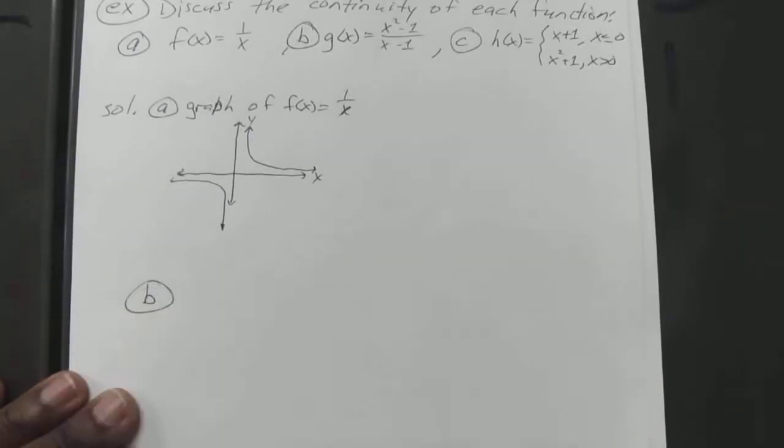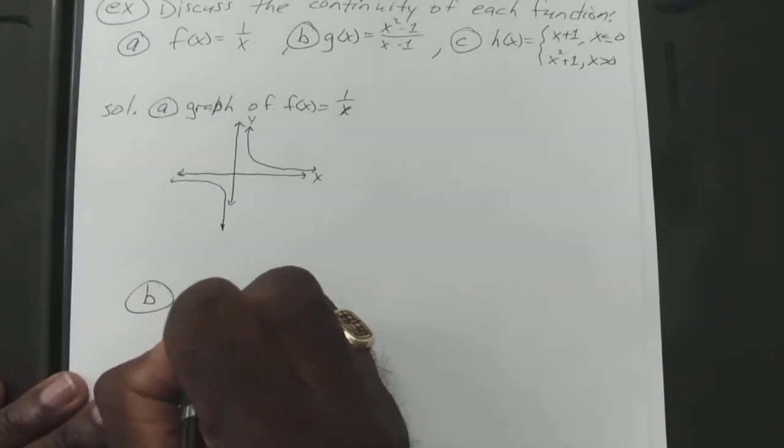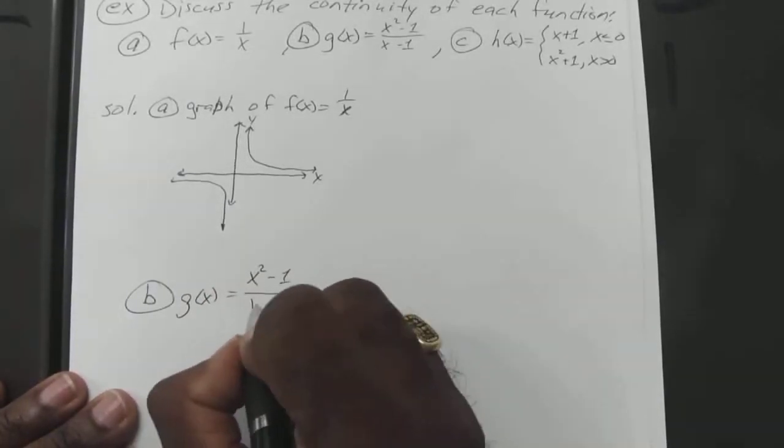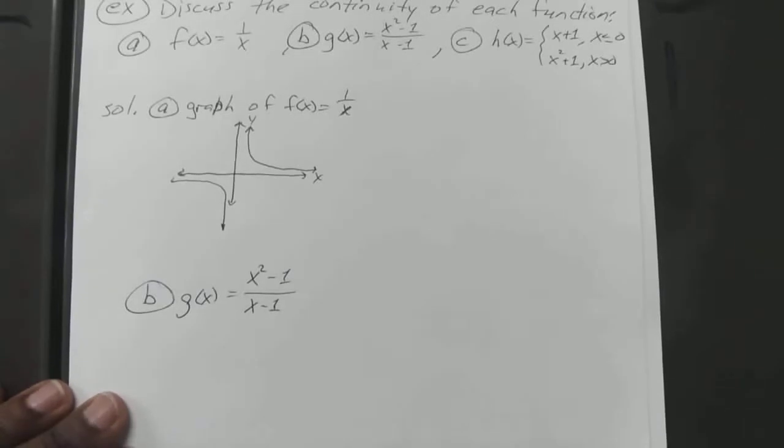Okay, so for B, g of x equals x squared minus 1 over x minus 1. Now, if you look at the numerator, that's the difference of squares.